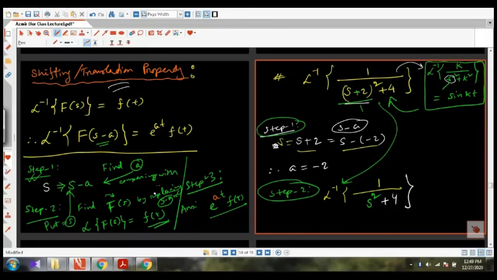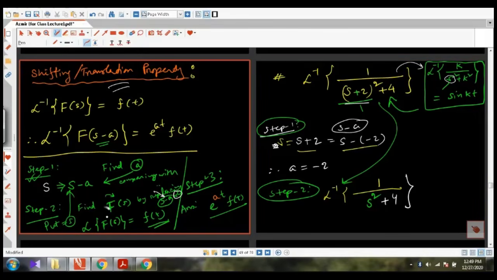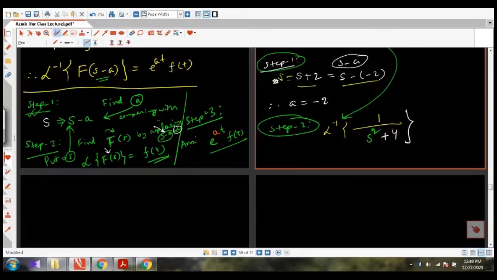Whenever we have replaced s negative a by s, then we can easily find what F(s) is. So what is our capital F(s)? This one, right? Yes, sir.